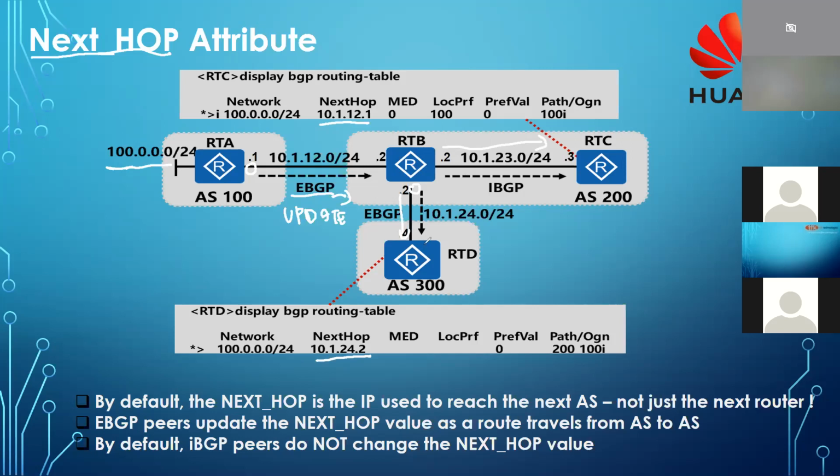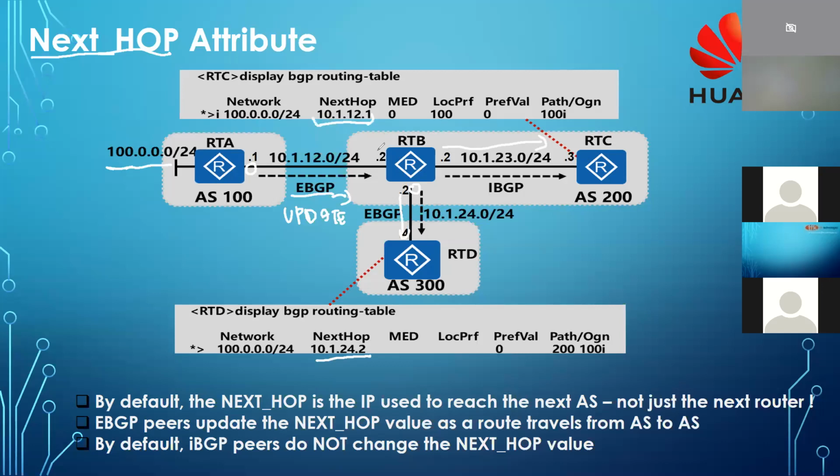By default, when RTB sends the update to RTC, the next hop is unchanged. But we can face some problems if RTC doesn't know this next hop.